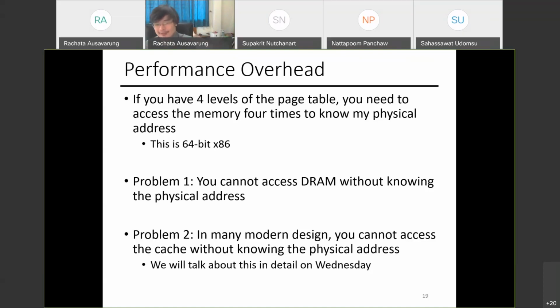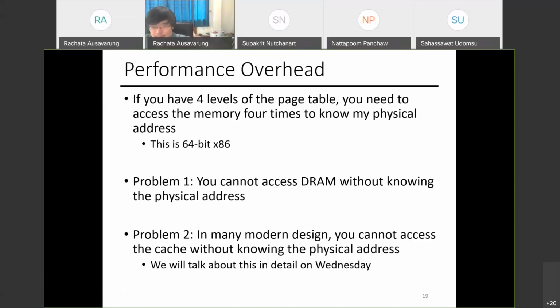Right? Which partially answers this question: the cache is designed to make sure that you never need to go to the main memory. Your data is in the cache, you don't have to get the data from the main memory. But if you have a virtual address, you cannot, because you need the physical address to access the cache.